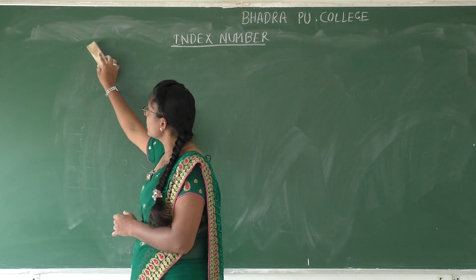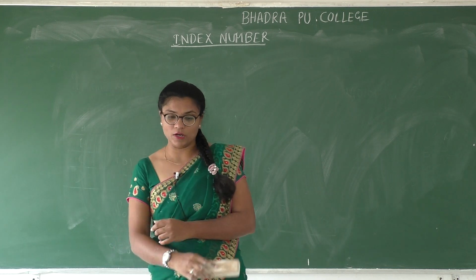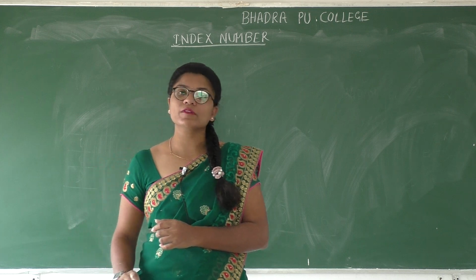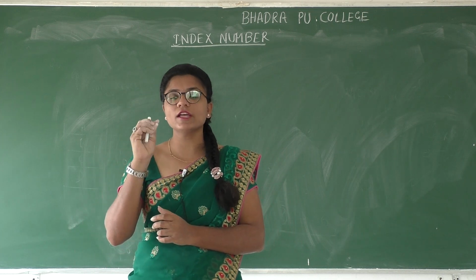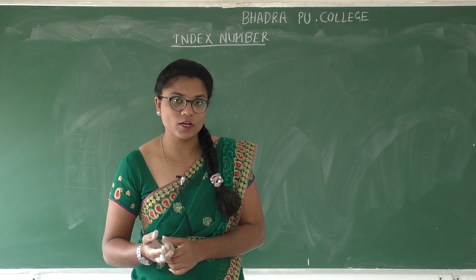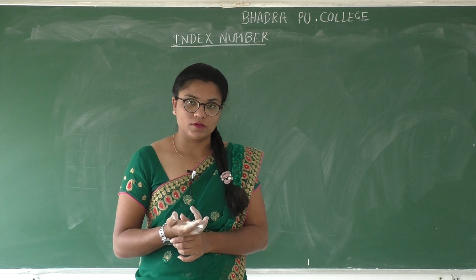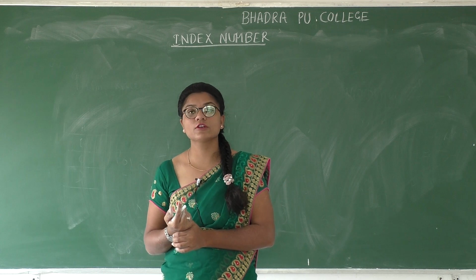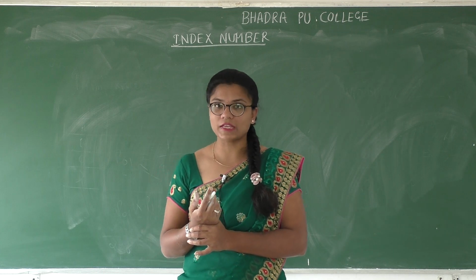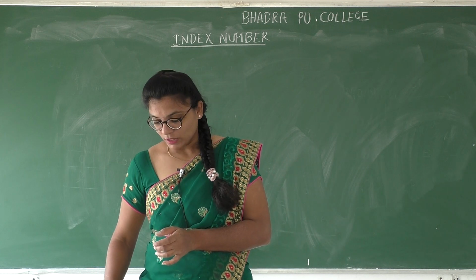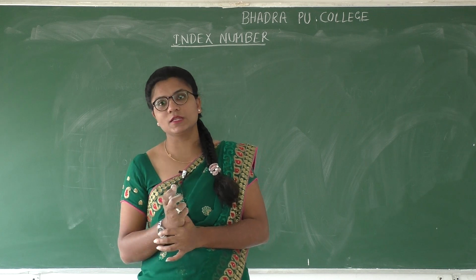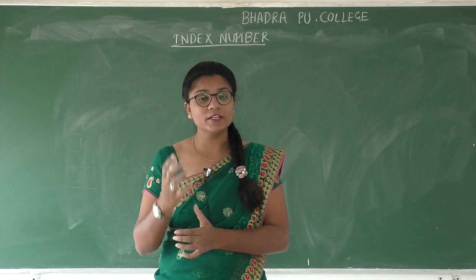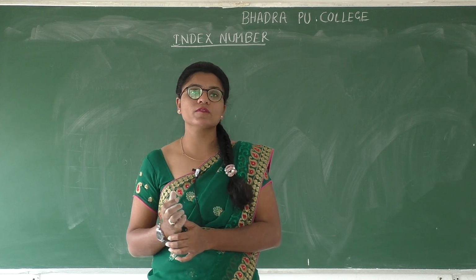So what are the index numbers which satisfy the time reversal test? We have Laspeyres, Paasche, Marshall-Edgeworth, Drobisch-Bowley, Fisher's and Cayley's price index numbers, right? So we have 6 price index numbers here. Among the 6 price index numbers, which satisfy the time reversal test?